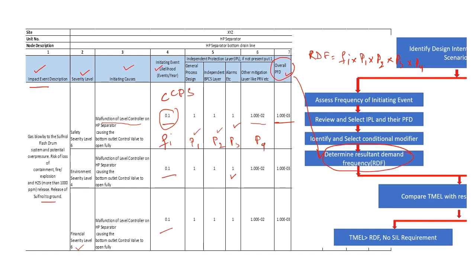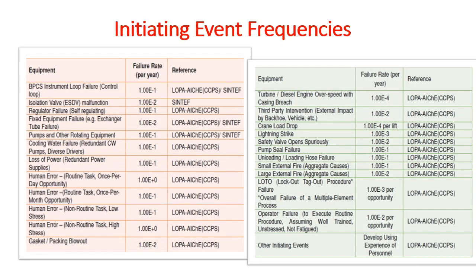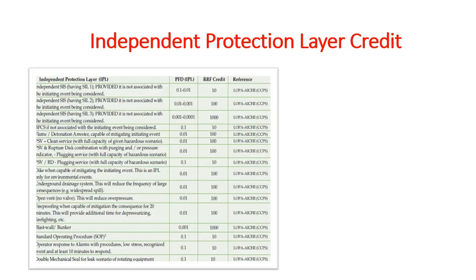Now next we will go to the next level. So this is the same thing, the initiating event frequency, from where we can get it. There are lots of sources like CCPS, SINTEF, EXIDA, OREDA database. So from this database we can take it, or if your plant is already maintaining the failure rates and you are quite sure that they are authentic, then you can take the same.